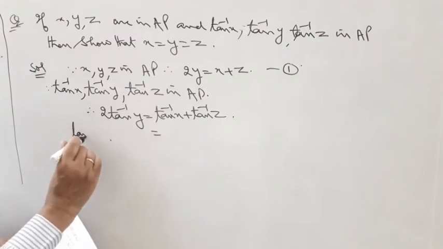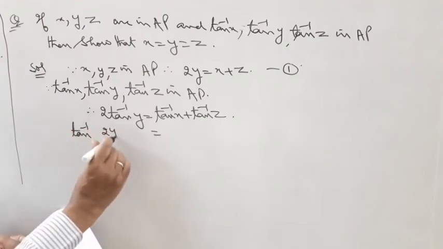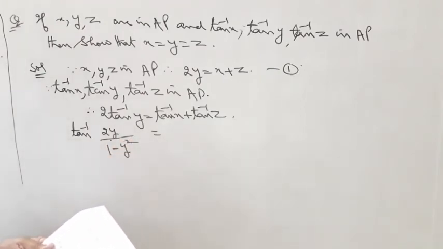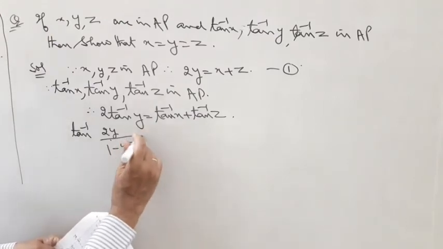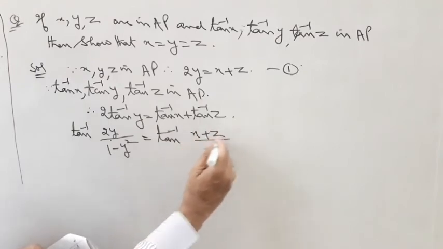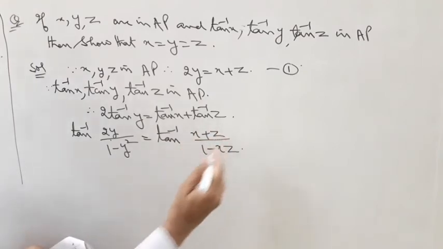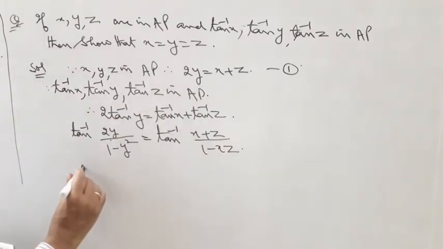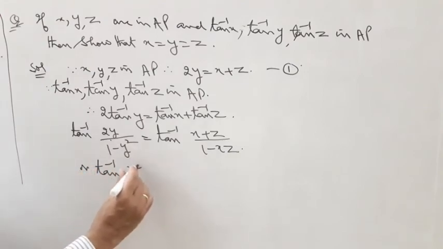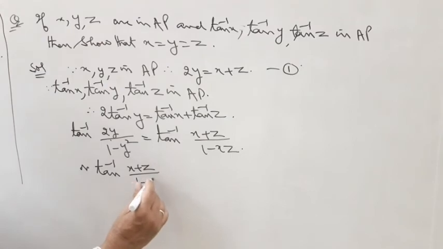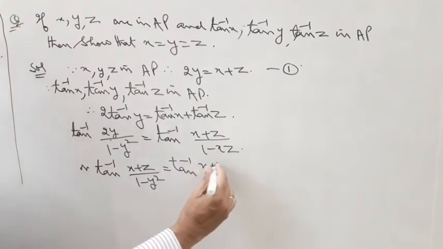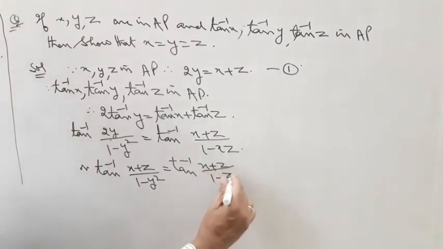Now 2 tan inverse of y is tan inverse of 2y upon 1 minus y square, which is equal to tan inverse of x plus z over 1 minus xz. 2y means x plus z, so we have tan inverse of x plus z over 1 minus y square is equal to tan inverse of x plus z over 1 minus zx.